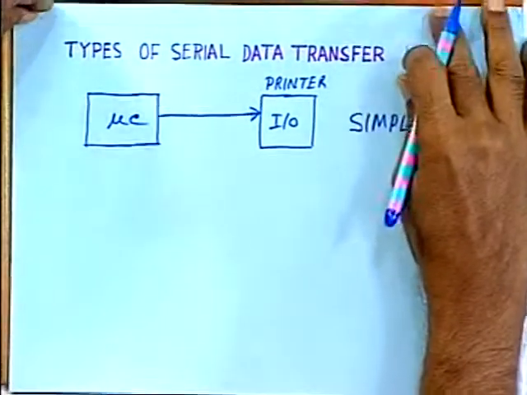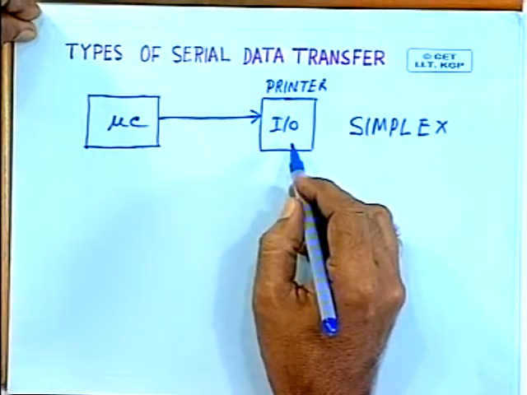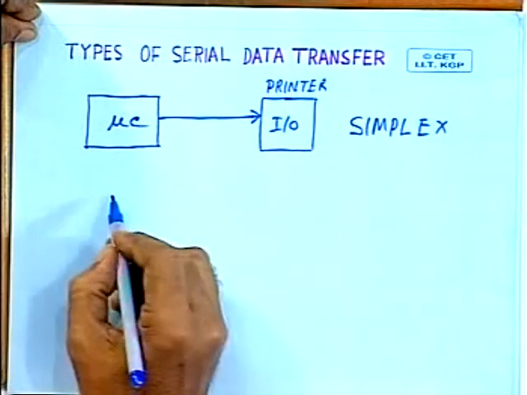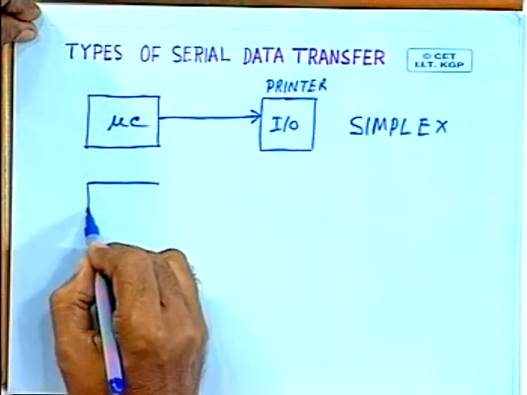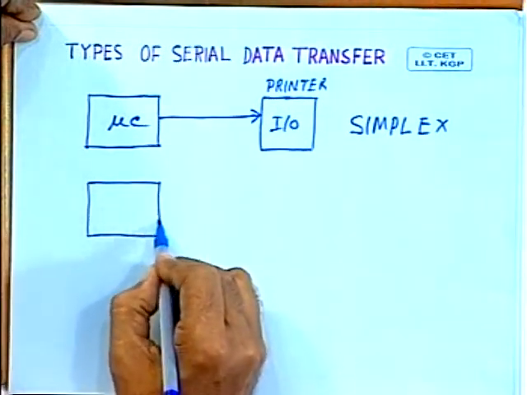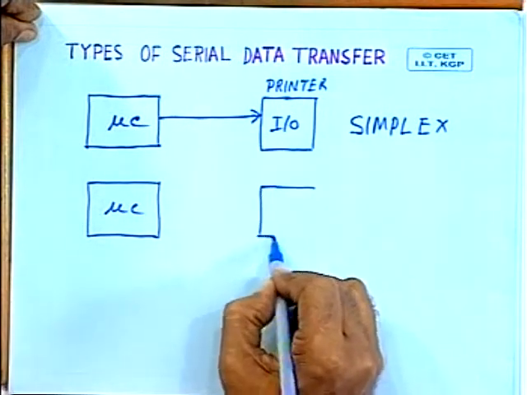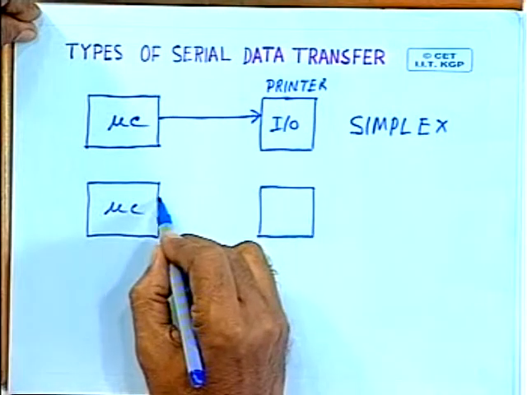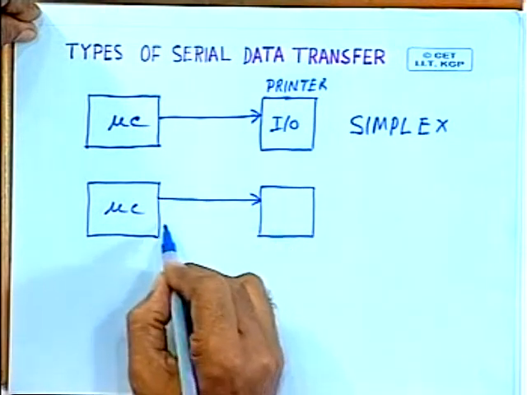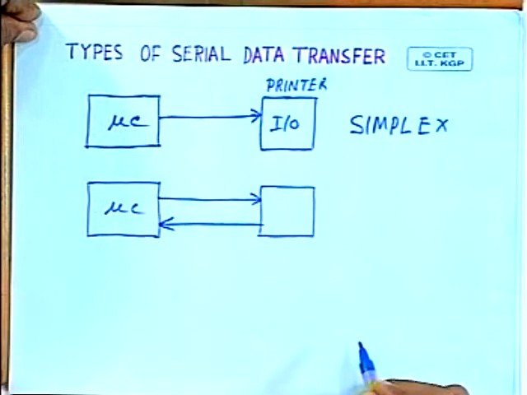On the other hand, the I/O device can be a little intelligent and communication can take place in both directions. Say this is a microcomputer and here is your I/O device, and the data transfer can take place in this direction as well as in the other direction.